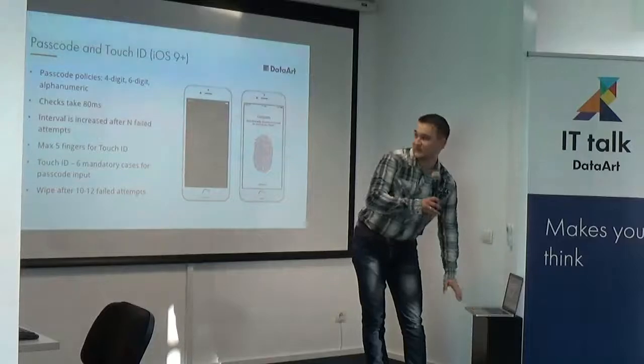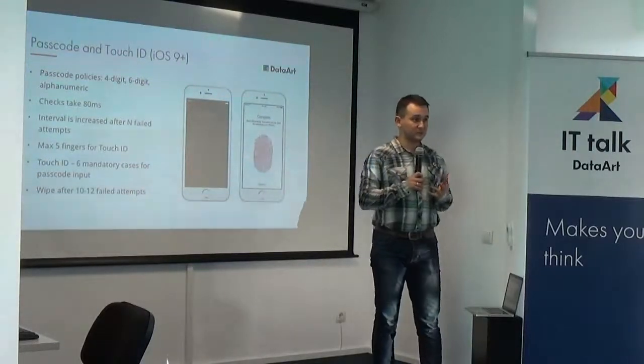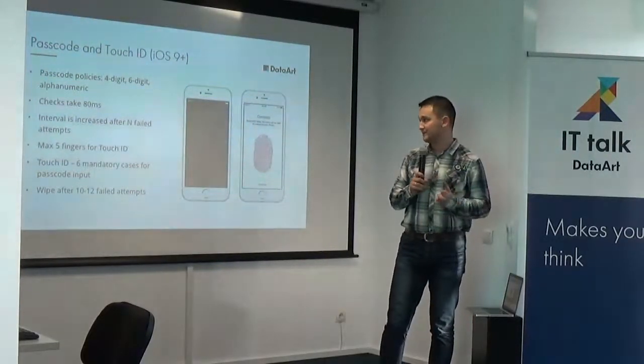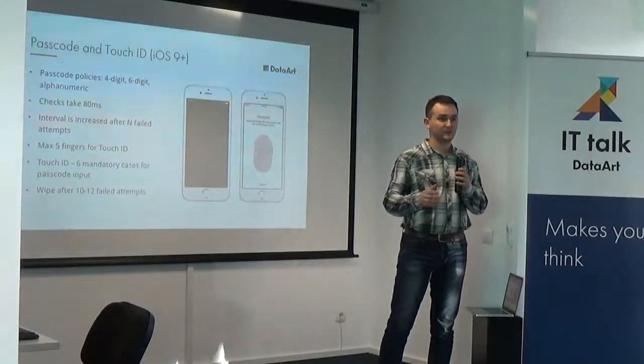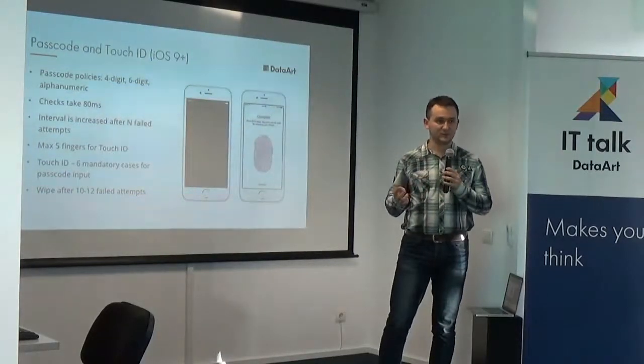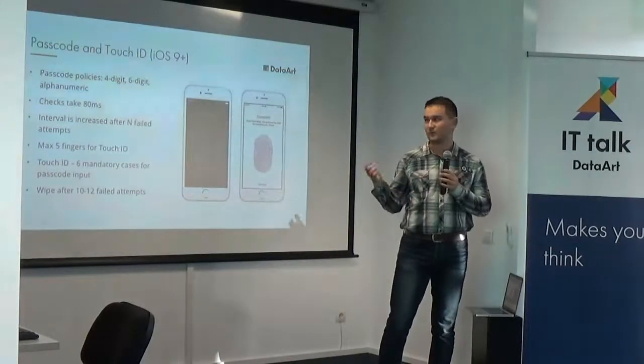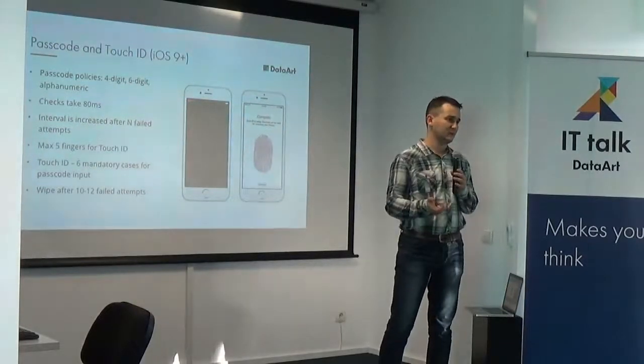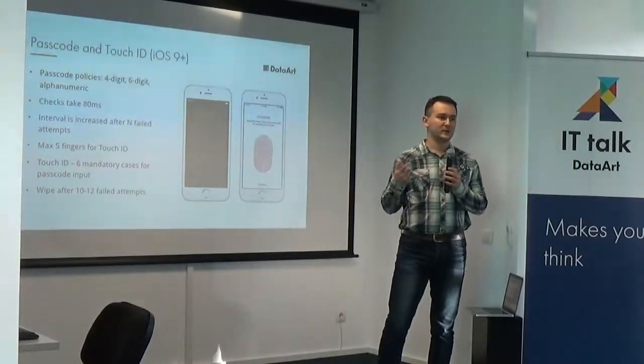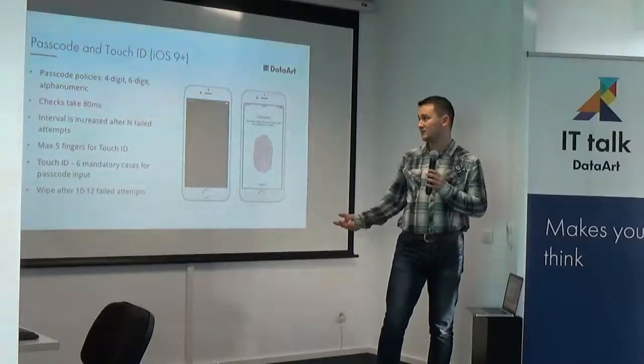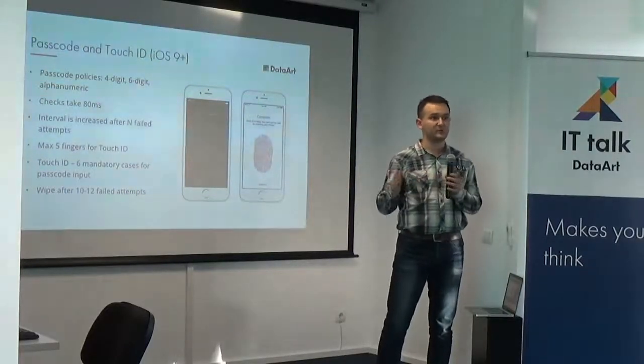Let's move on and discuss the passcode policies which are provided by the system. The system provides us by default with 3 different passcode policies. The first one is the simplest: you provide a 4-digit passcode. Then you could provide a 6-digit passcode, or an alphanumeric passcode of arbitrary length.